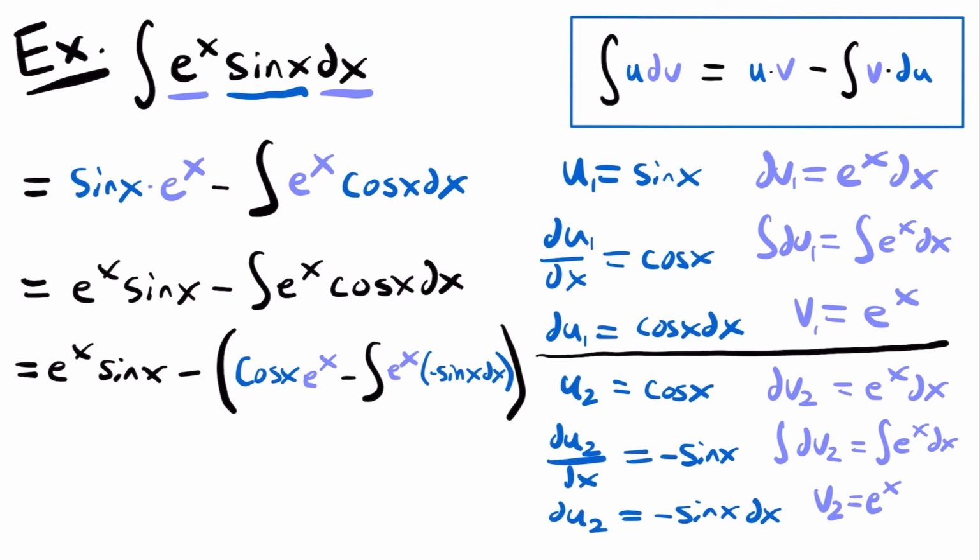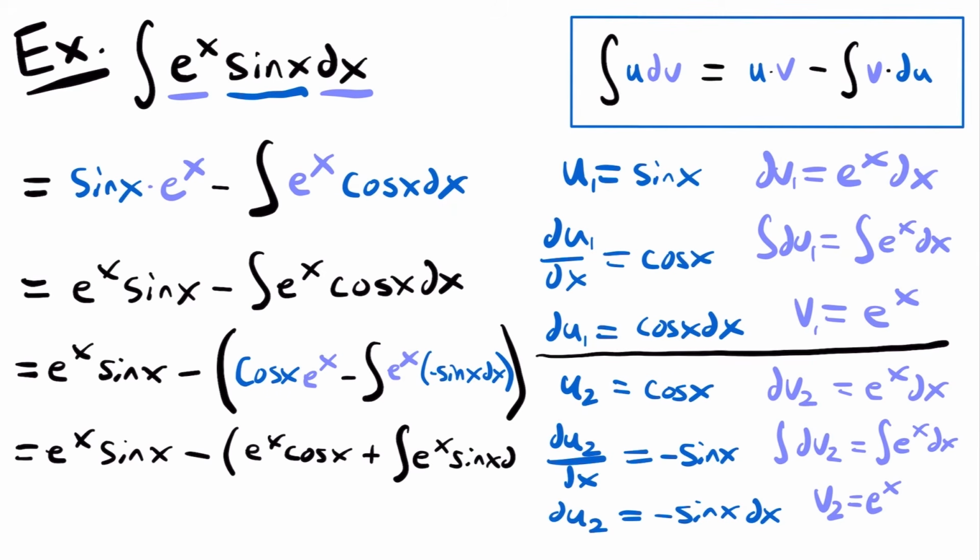Okay, and so if we simplify, this is equal to e to the power of x times sine x, and we will subtract e to the power of x times cosine x, and then we can pull this negative out front, and it will become positive because a negative times a negative is positive. So we'll have plus the integral of e to the power of x times sine x dx.